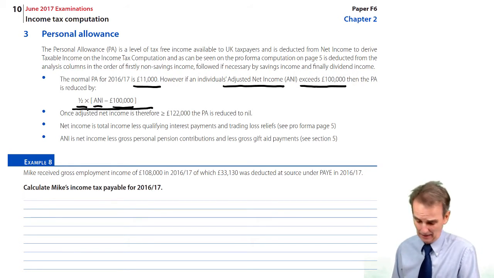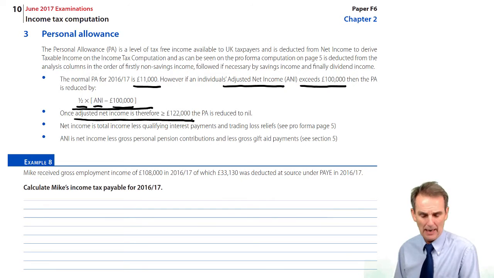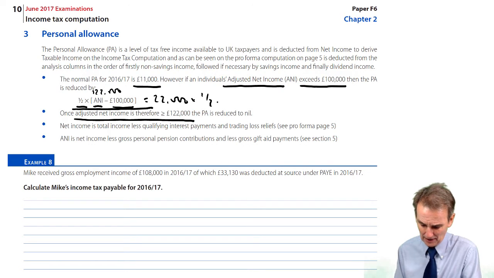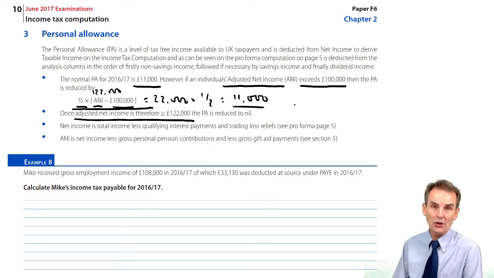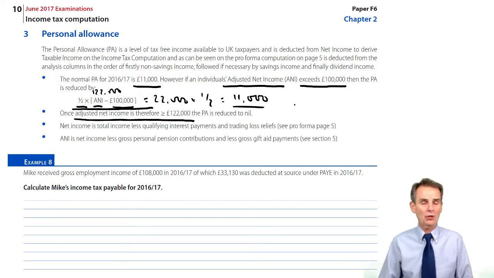Now, what that will mean is that once the adjusted net income is £122,000 or more, when you put 122,000 into that calculation, 122 minus 100 is obviously 22,000, times a half is £11,000. So if you go over 122,000, that is more than an £11,000 reduction in the personal allowance.